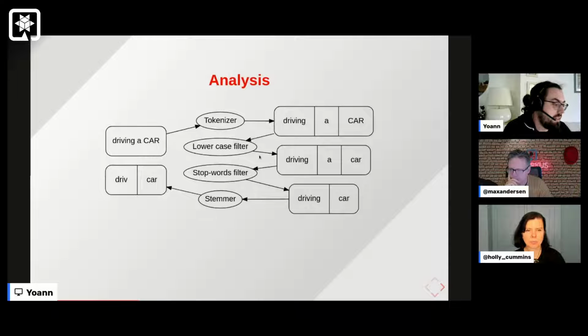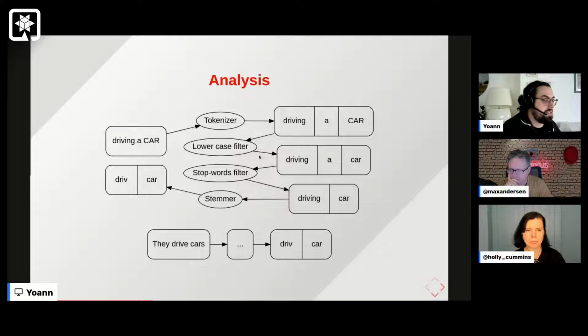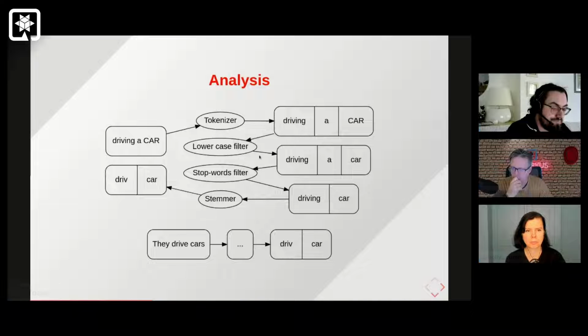If you have a query that says "they drive cars", you want "drive" to be represented with the same string as "driving", so that you can perform an exact match from the tokens provided by the users when querying against the index, against what was indexed.